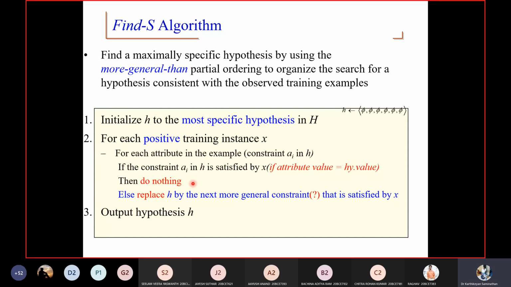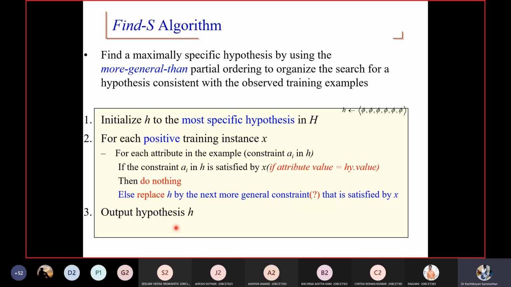Just pass the loop, skip the loop. If both are mismatched, contradictory, for instance sunny versus rainy, or warm versus cold, then replace that hypothesis value by the next more general constraint, question mark, that is satisfied by x. Then that H is going to be the output hypothesis.